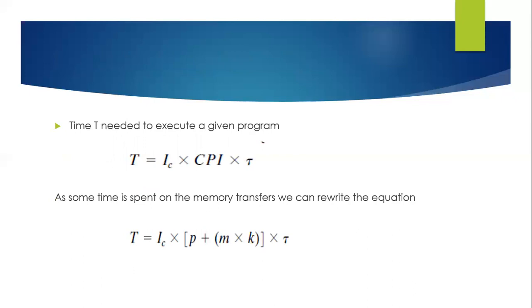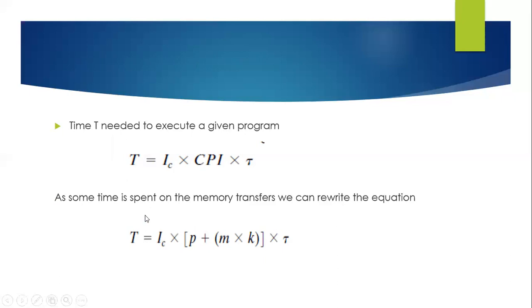Now, how can we calculate the time needed to execute a given program? T is equal to IC, the total number of instructions, times average cycles per instruction, times the clock cycle time. Now, as some time is spent on memory transfers, we can rewrite the equation.